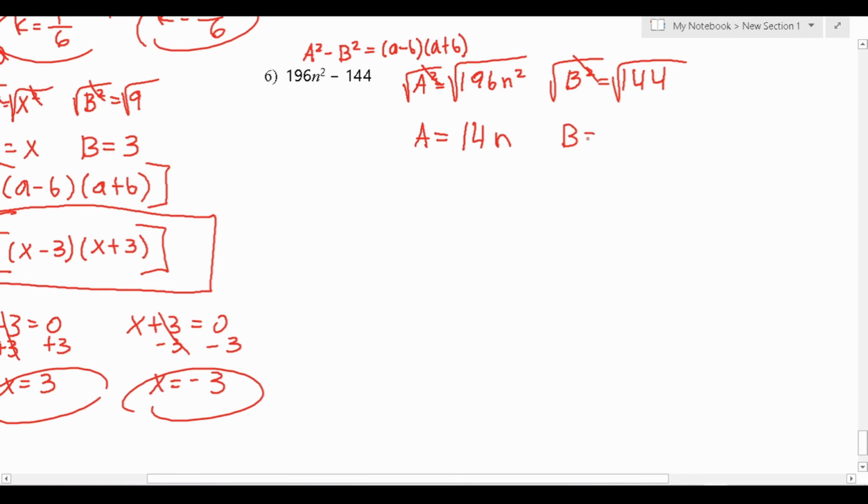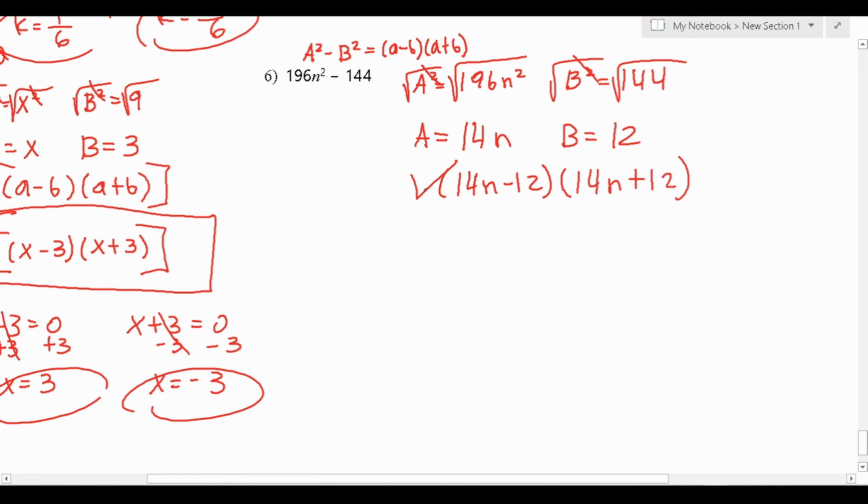It's going to cross out, leaving you with b equals the square root of 144, which we should know is 12. So now we have our a and b, so let's plug that into the solution. This is going to be 14n minus 12 times 14n plus 12. And I skipped those steps, so don't blame me. By this point in the video, you should be able to do that. And that would be our solution to this one.